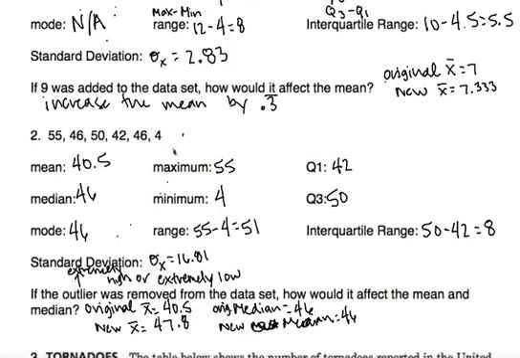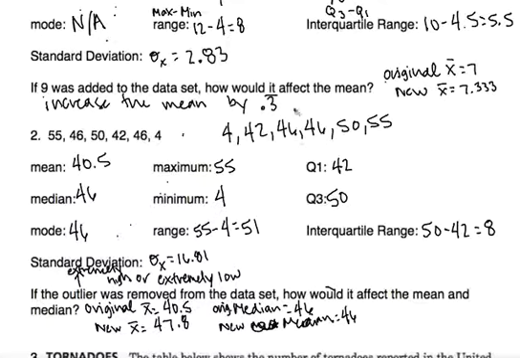And the reason it won't change for this one is because there are 6 values, and if I were to arrange them in order, this is the original list in order, so my median would be the number that was in the middle.